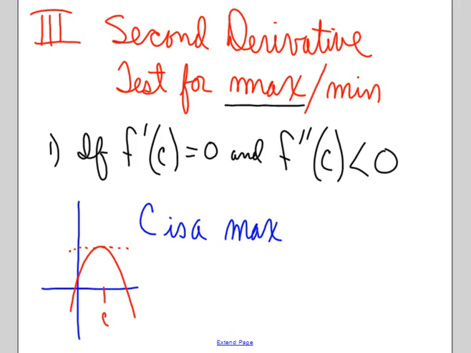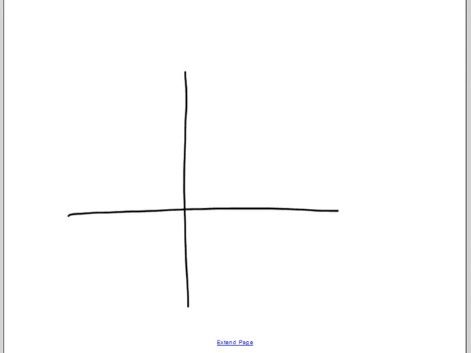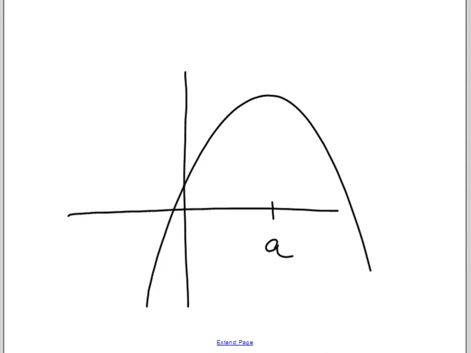Second derivative test. Actually, before I tell you the second derivative test, I'm going to go back and highlight the first derivative test. Say I have a graph that does this, and here's the point A. Clearly from the picture, I can tell the value at A is a maximum. For the first derivative test, you would have to show that f prime of A is equal to 0.